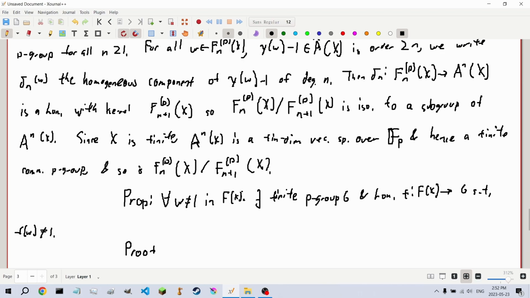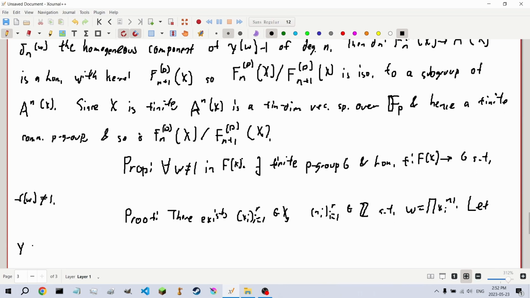In the proof, there exist elements x1 through xr in X and integers n1 through nr such that w is the product of each xi to the ni.